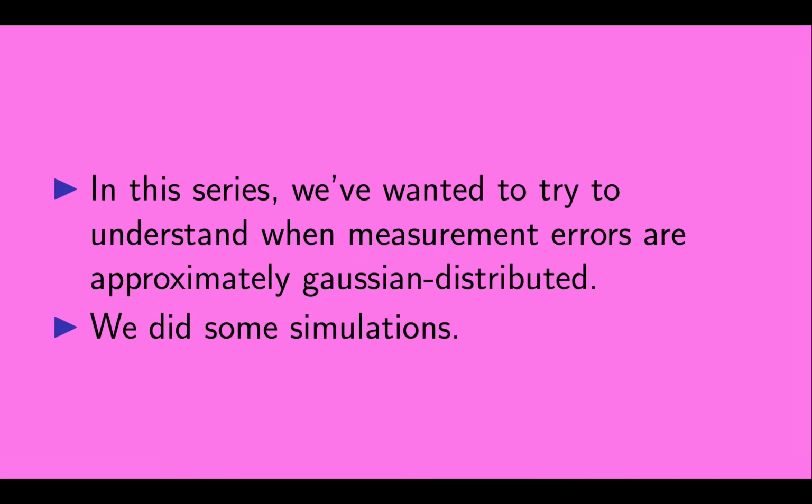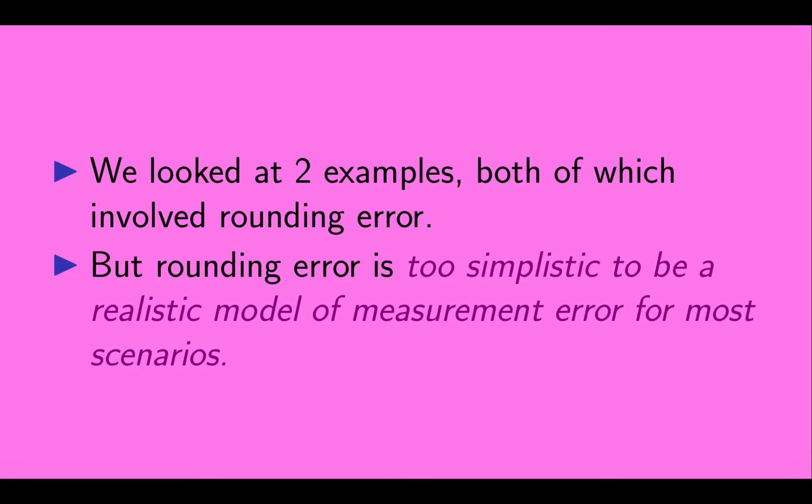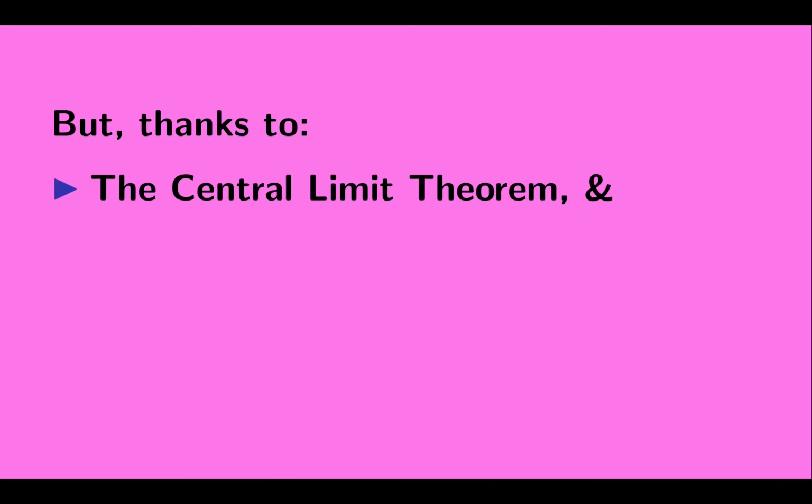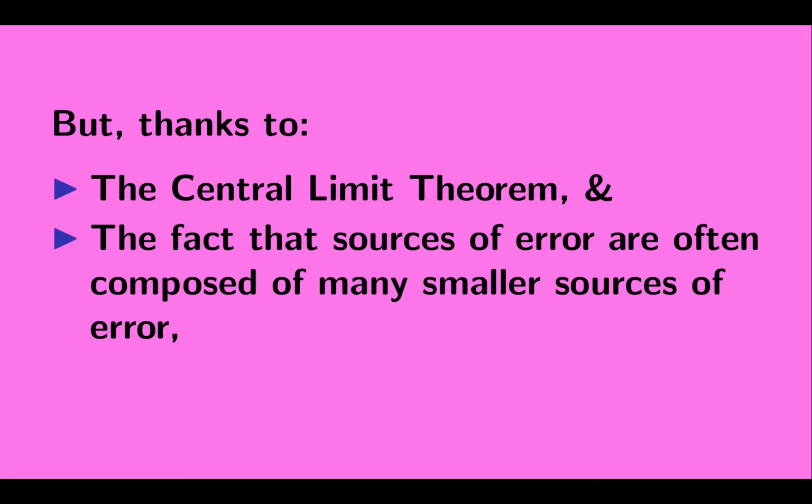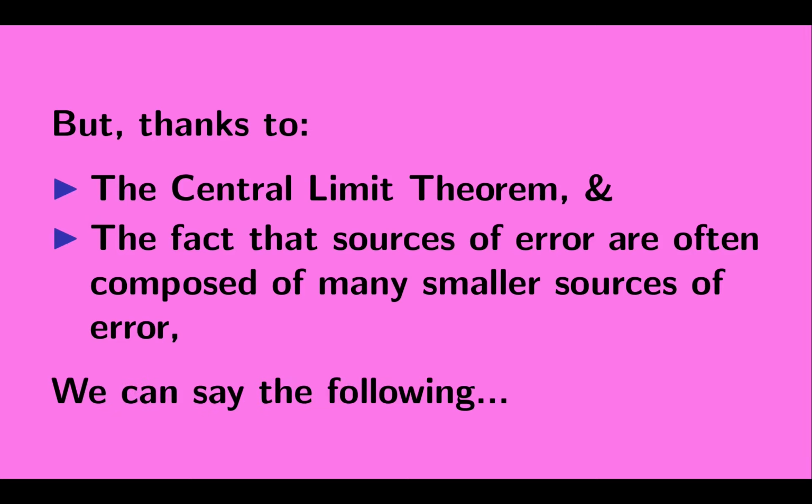Okay, let's get to the main point. In this series, we've tried to understand when measurement errors are approximately Gaussian distributed. And to do that, we did some simulations. We looked at two examples, both of which involved rounding error. But rounding error is too simplistic to be a realistic model of measurement error for most scenarios. But thanks to the Central Limit Theorem and the fact that sources of error are often composed of many smaller sources of error, we can say the following.